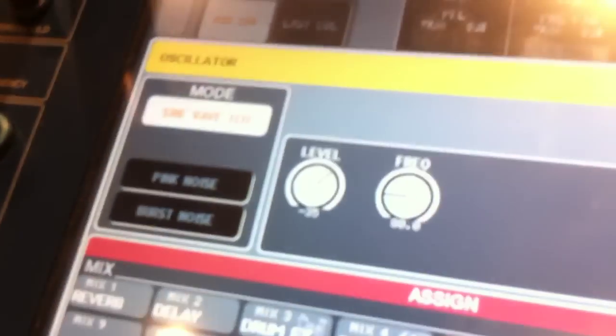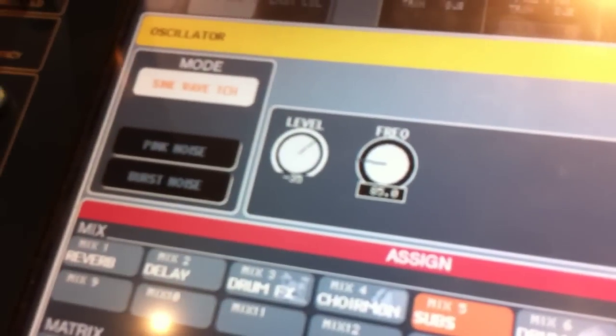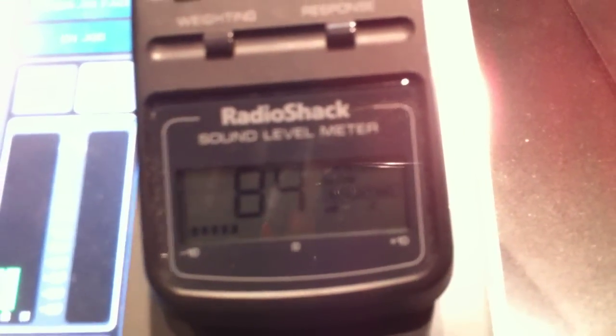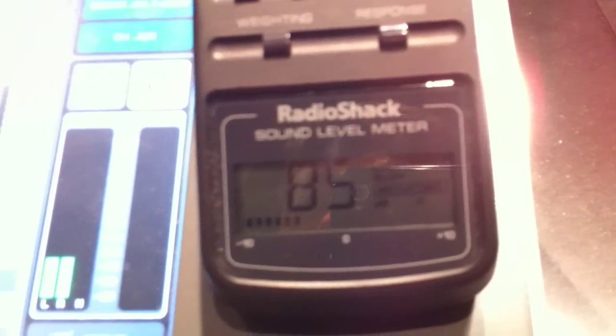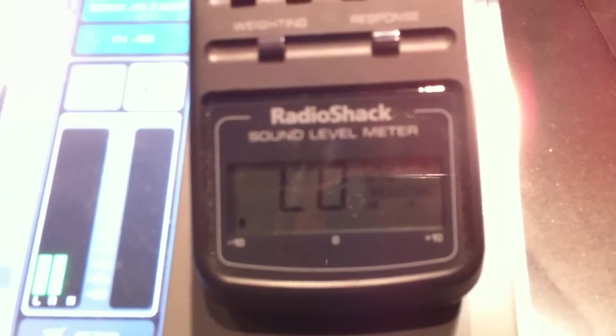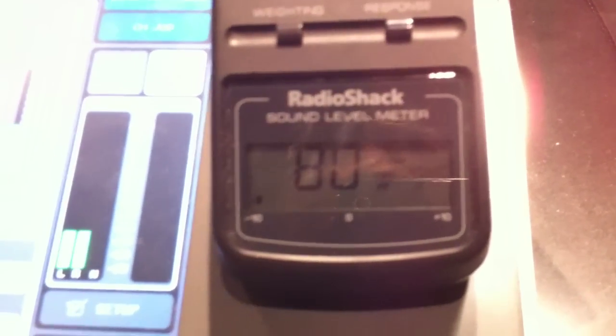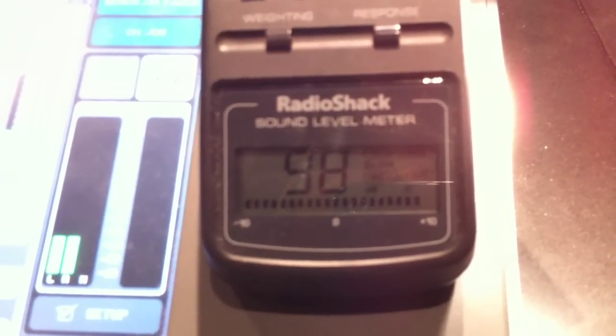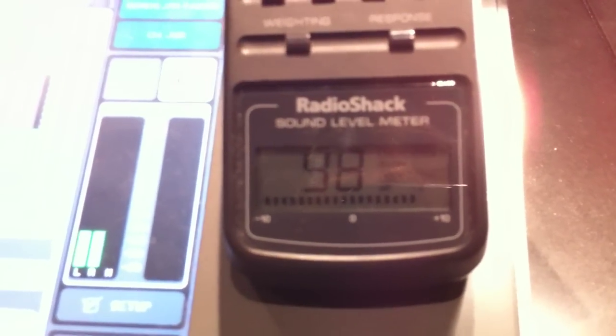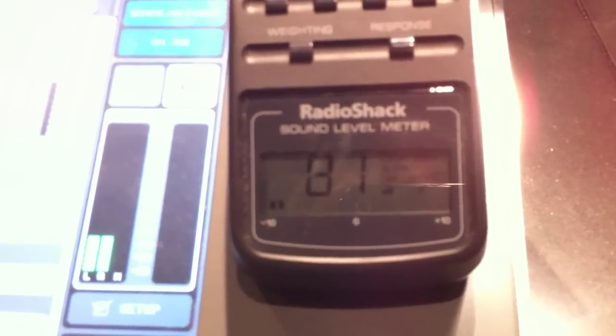Well, that's 80 hertz, so if I go up 5 dB, I just lost a little bit. Now I go to 90. Okay, it lost some more. 95, it jumps way up. So I know that around that area is where I want my low pass.